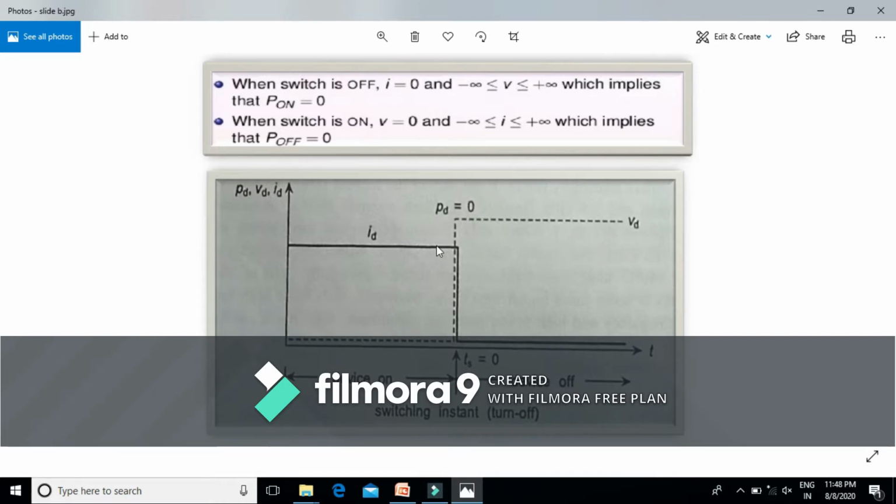This transition or switching period is represented by Ts. This transition from on to off and off to on, represented by Ts, is 0 as the change of state is instantaneous, so switching losses across this period will also be 0.